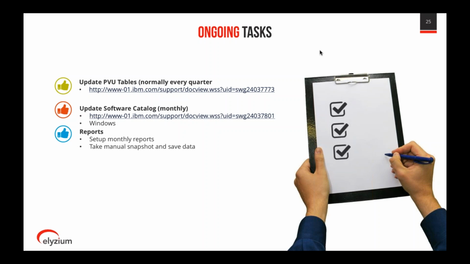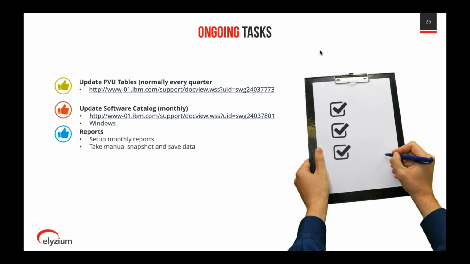The next thing you have to do is update the software catalog, and this is normally released in the first half of every month by IBM. If you don't do this, it can be held against you if you get audited.